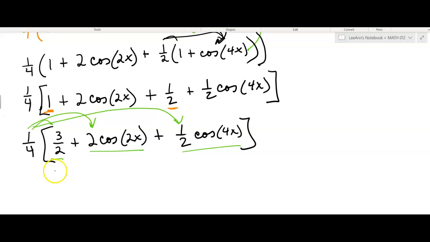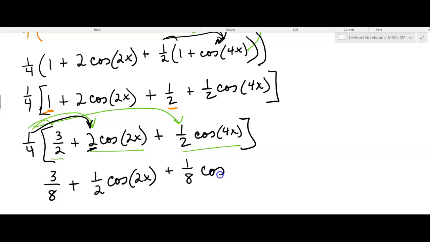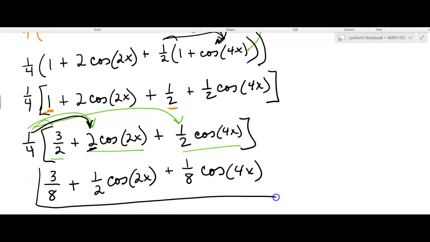So what do we get? We get 3/8 plus, now it's 1/4 times 2, which is 2/4 or 1/2 cosine 2x. It doesn't change the argument of our function at all. We're just taking 1/4 times the 2 in front. Plus 1/8 cosine 4x. And that's going to be our answer. We don't have any exponents on the cosine function, so we're good.